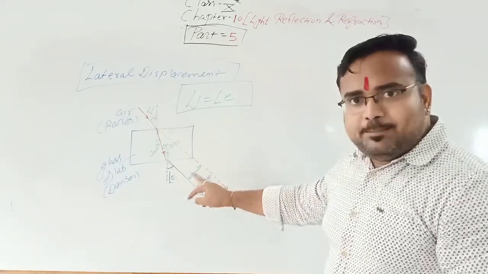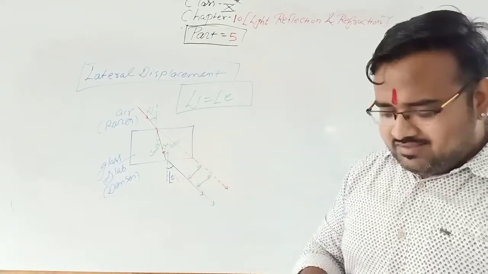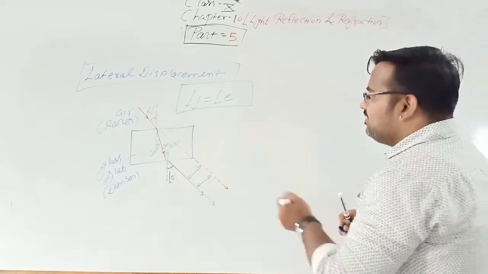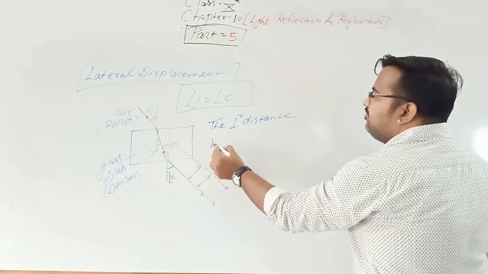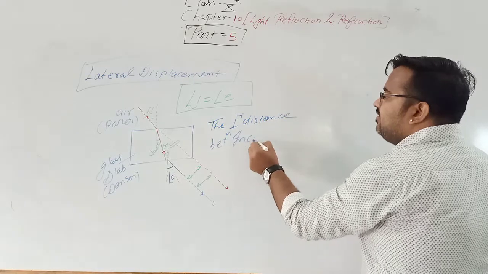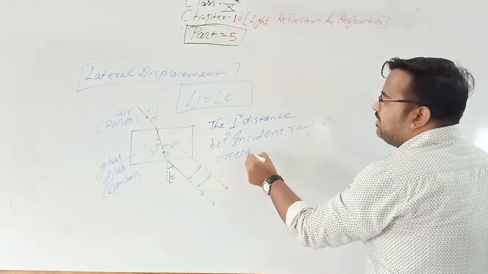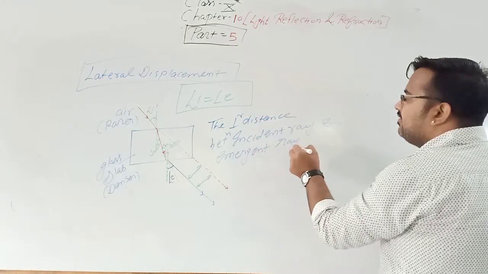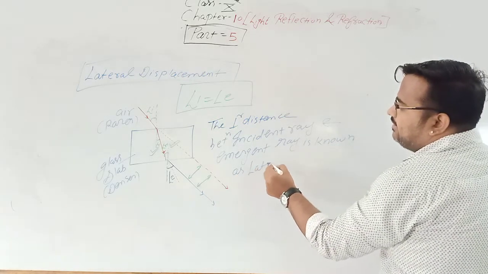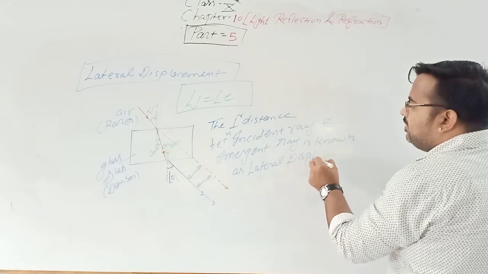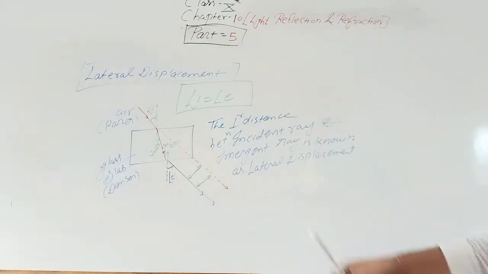The perpendicular distance between the incident ray and emergent ray is known as lateral displacement. You can draw this diagram.